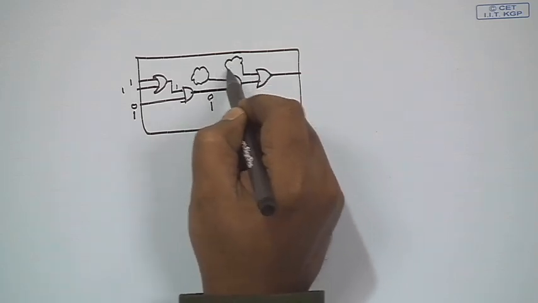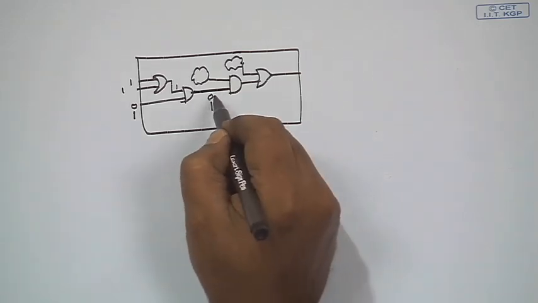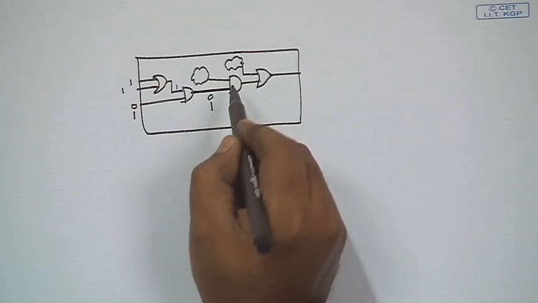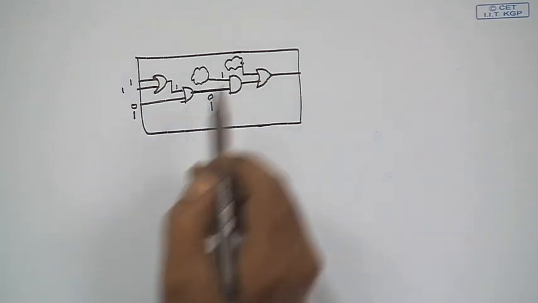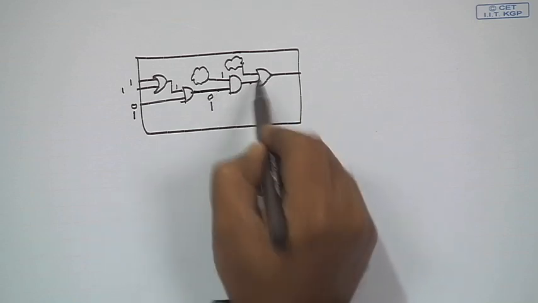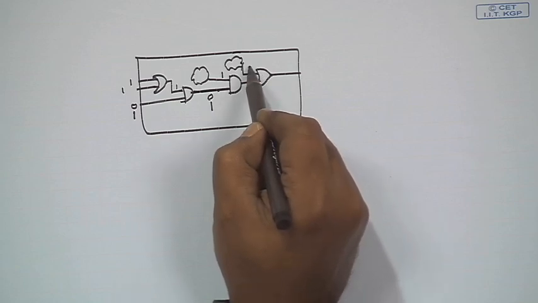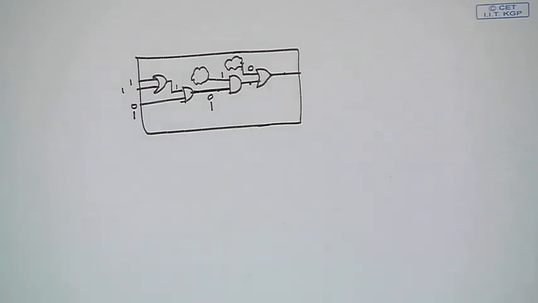Similarly, there is some logic here which feeds this OR gate. Now, if we want to propagate this line to the output, then first of all, since this is an AND gate, I must somehow have this point at 1, because if this point is 1, then only whatever the value here will get propagated to this point. And since this is an OR gate, I must have a value 0 here, so that whatever value is coming here is propagated to the output.